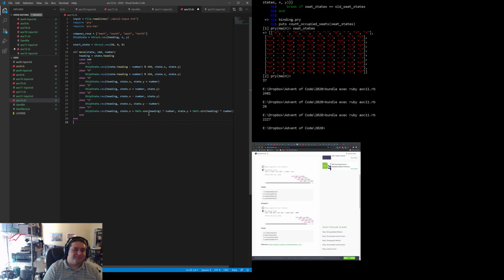And then I basically do a reduction where you do input dot reduce. I'm just going to do a loop.